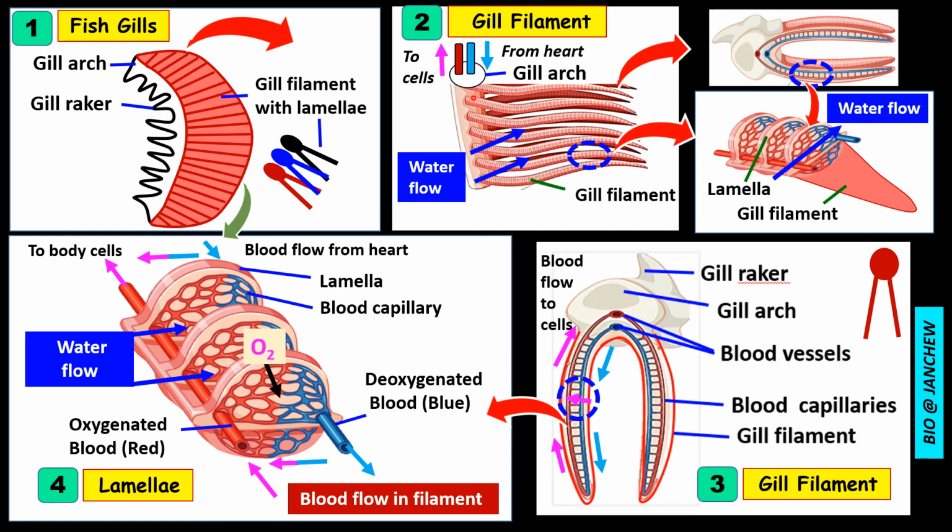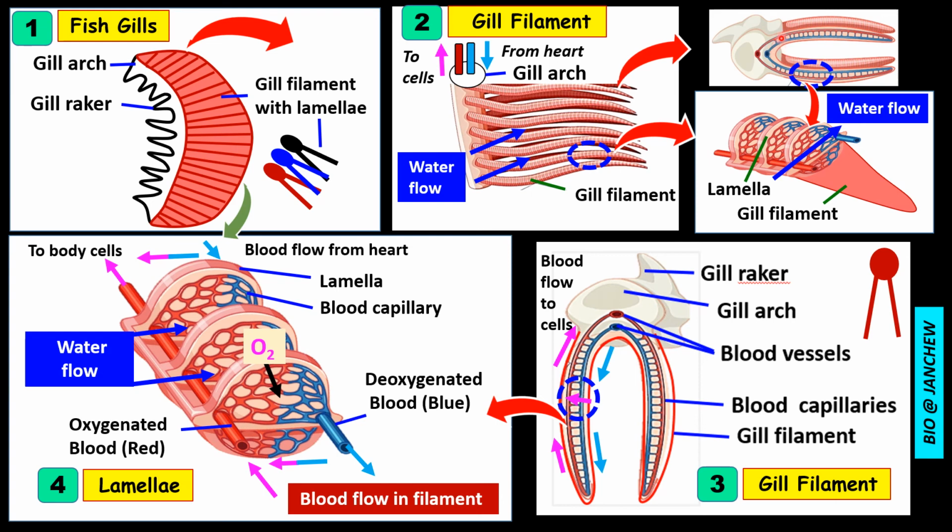Then the gill filaments will allow oxygen to diffuse into the blood vessels in it, and then oxygenated blood will flow out of the gill filaments this way and to the body cells, to deliver the oxygen to the body cells. So if you look from the top, this is the structure of one gill filament from the top. This is the gill raker, gill arch, and then the two blood vessels.